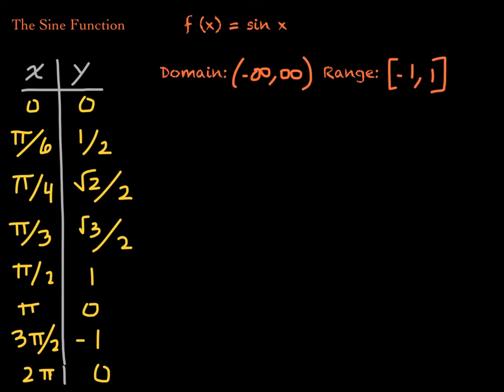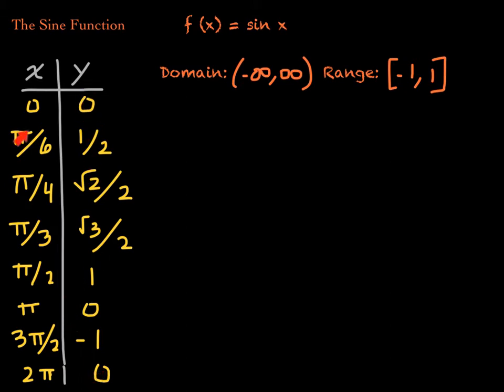We already know that the domain for the sine function is all real numbers, and the range is between -1 and 1. And you can see that being manifested here. The lowest y value is -1. You don't get anything less than -1, and you don't get anything greater than +1 in this entire list.